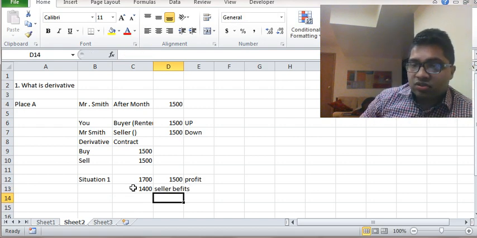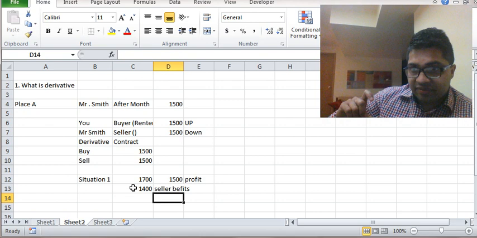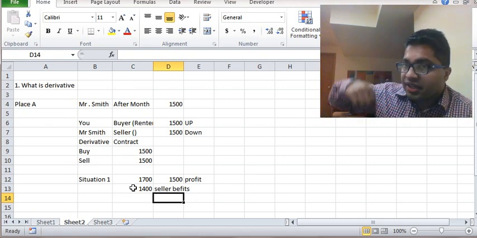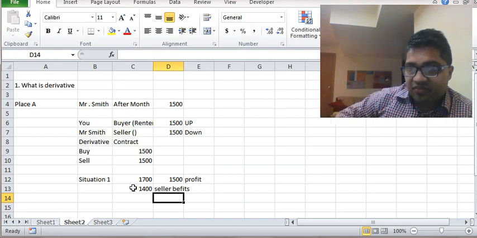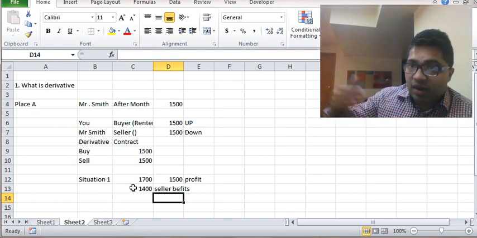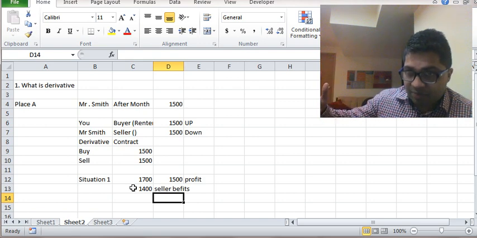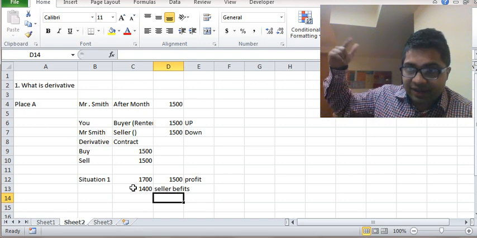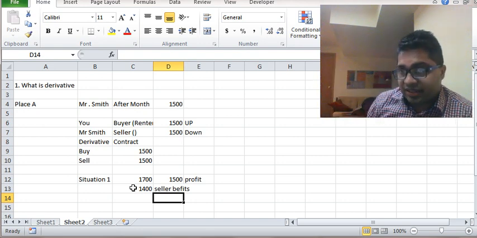Okay. So the concept of a derivative is a contract to buy and sell an asset in the future at a specified price. The buyer agrees to buy at a specified price on a future date. The seller agrees to sell at a specified price on a future date.